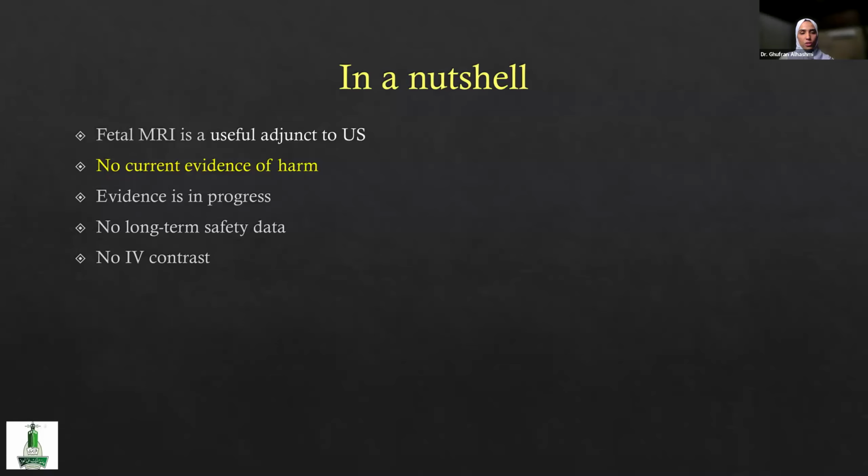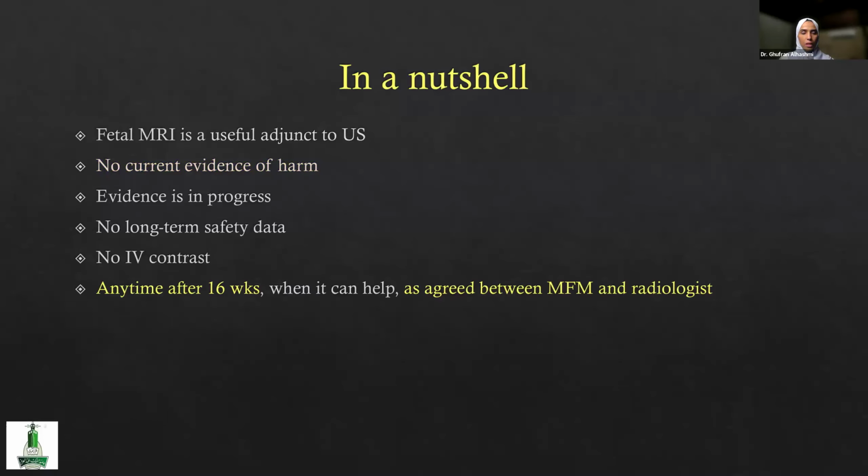The use of IV contrast is not recommended because it's associated with adverse outcomes. And we can do fetal MRIs anytime after 16 weeks, whenever we think it can help. So whenever you encounter an abnormality on ultrasound that you think might be useful to evaluate with an MRI, consider consulting your radiologist.